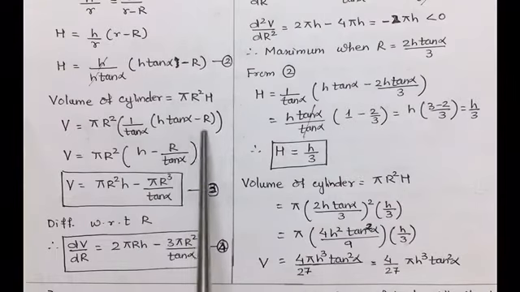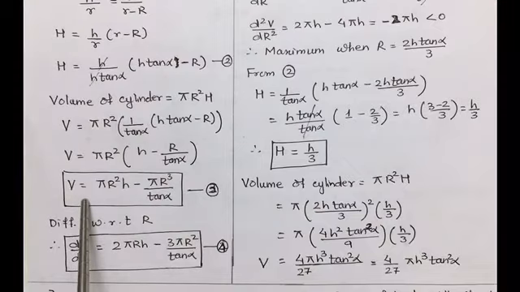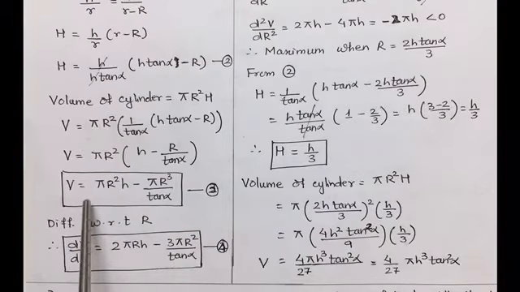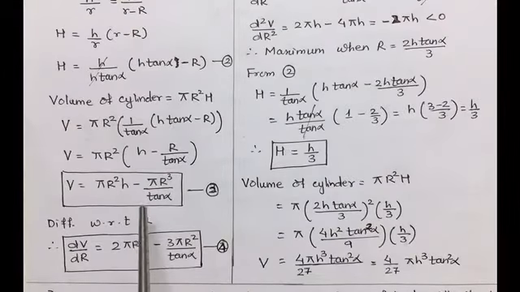So dividing both of these with tan alpha, now pi R square multiplying with both the terms, the volume formula gets simplified to V is equal to pi R square h minus pi R cube upon tan alpha. Marking this statement as 3.